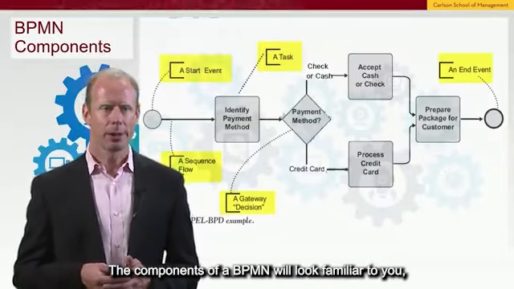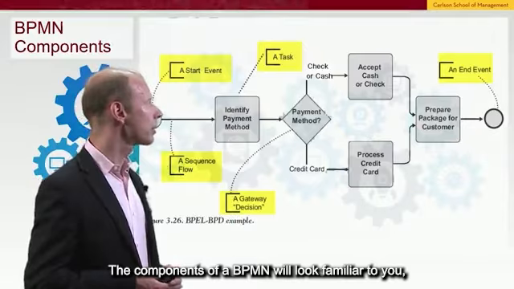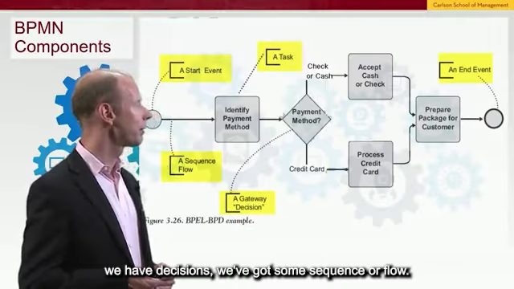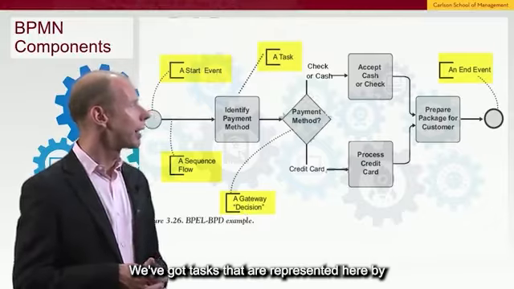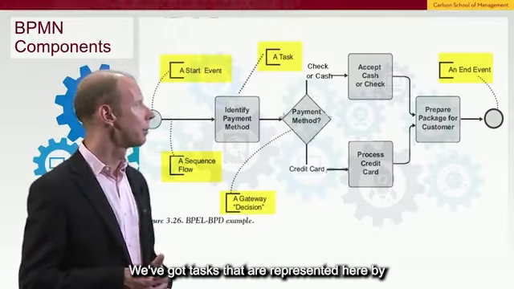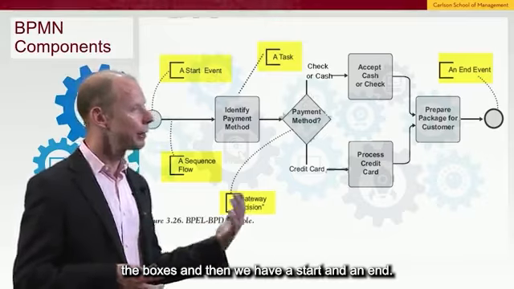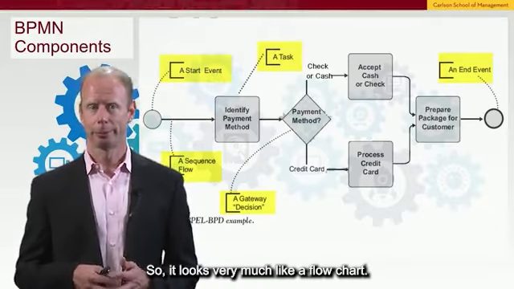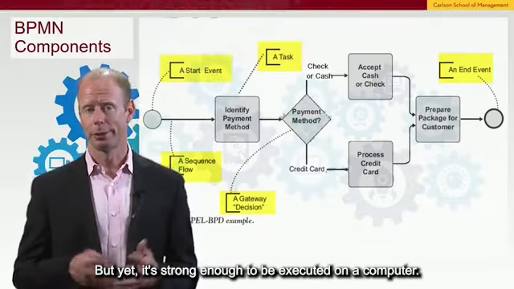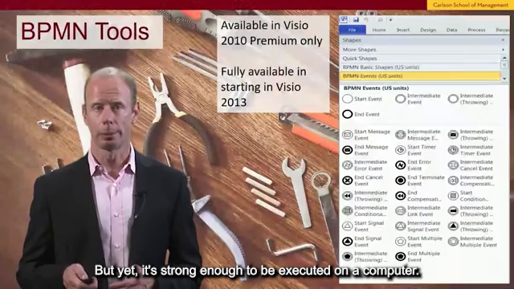The components of a BPMN will look familiar to you. So we have processes, we have decisions, we've got some sort of sequence or flow, we've got tasks that are represented here by the boxes, and then we have a start and an end. So it looks very much like a flow chart, but yet it's strong enough to be executed on a computer.